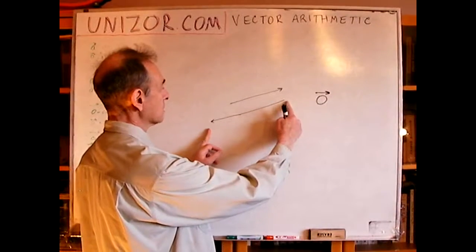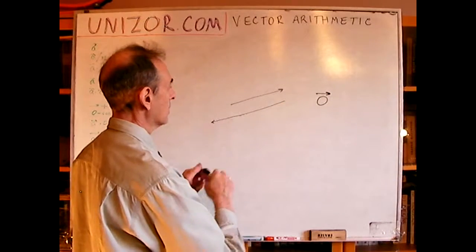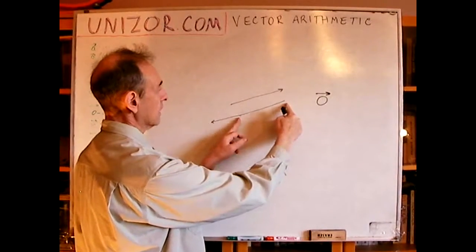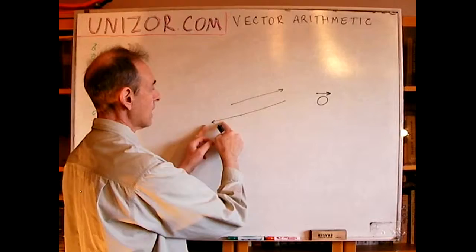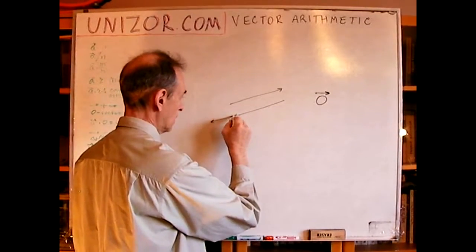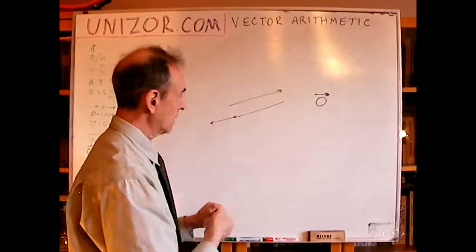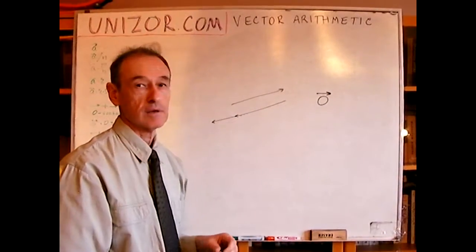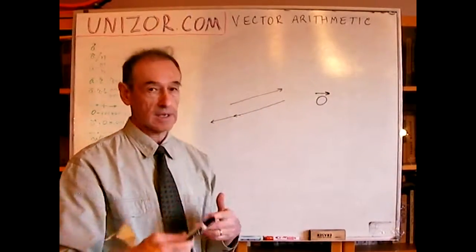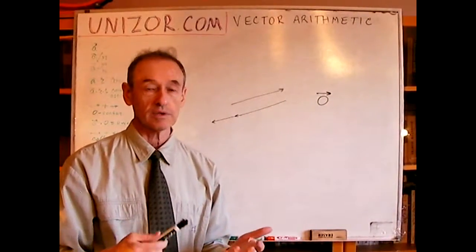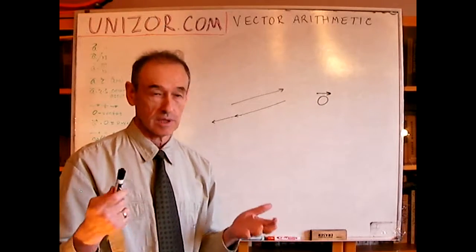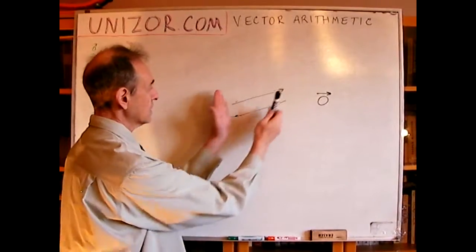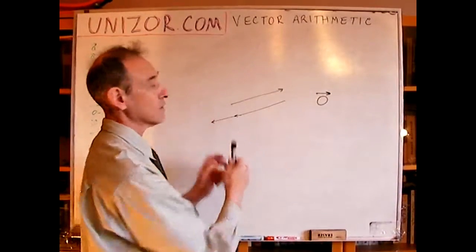I can always represent this vector as a sum of a vector which is directed the same direction as this one, with the length equal to this one, and then another piece. So it's a sum of these two vectors. Again, I'm assuming that whatever we are defining must be associative and commutative. So we think about this as these two pieces nullifying each other, and only this one would remain, right?